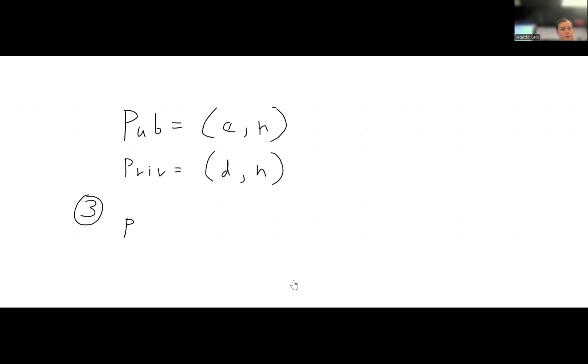That's a new parameter, sometimes written as the Greek letter phi. You'll see that in notation. So phi is going to be the product of P minus 1 times Q minus 1. That's the next step in the algorithm.